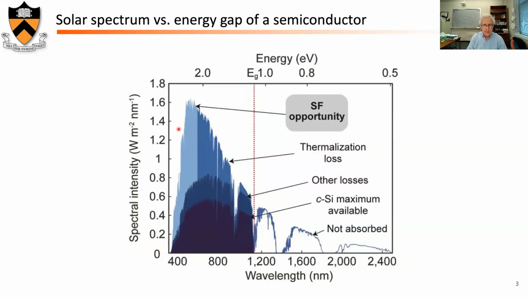So you all know the solar spectrum, and here I look at the solar spectrum with this vertical line here, which represents the energy gap of a semiconductor. Here in particular, it's silicon. It's right above 1.1 electron volt or so, and of course, the full spectrum has photons with lower energy here, which are not absorbed by the semiconductor.